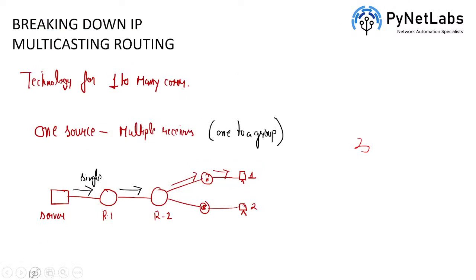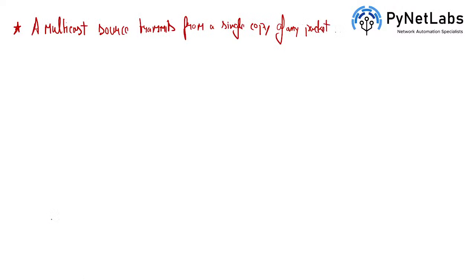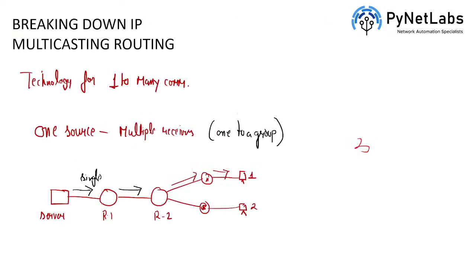When it comes to replicated unicast, the source would have to send as many copies as there are known receivers. Here we have seen the diagram where I drew three packets like this.